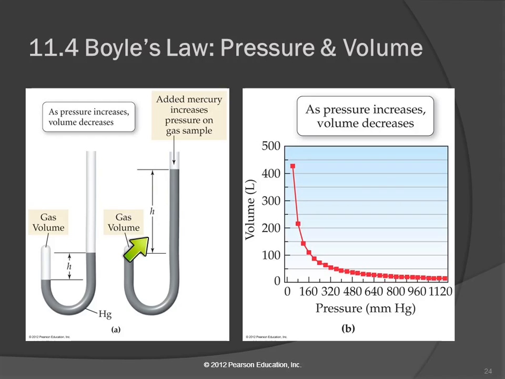Now that difference in pressure is greater and the volume is smaller. And so he graphed this. Here's volume as a function of pressure. So as the pressure increases, the volume decreases.